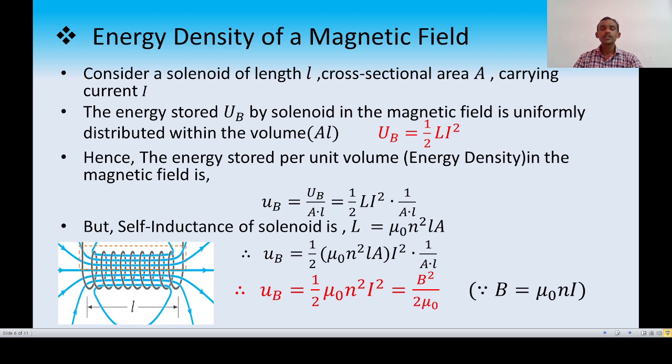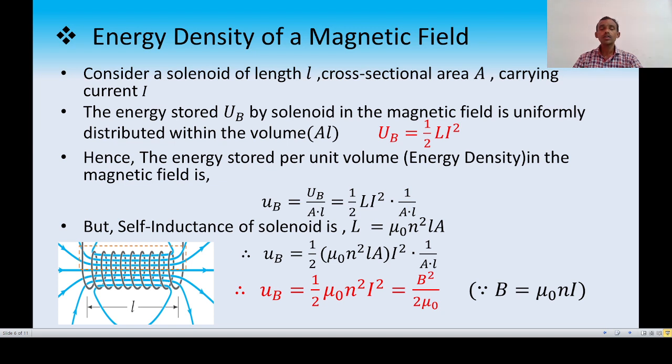And we know that the magnetic field inside the solenoid is B is equal to mu 0 N I. By rearranging the terms, we can get this energy density in terms of magnetic field B, given by U B is equal to B square upon twice mu 0. This is the energy density of a magnetic field.